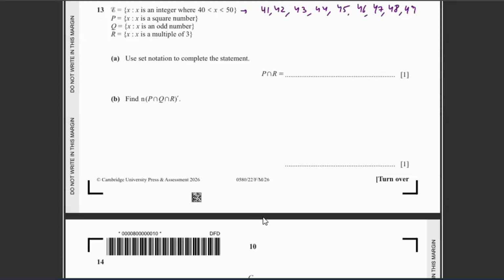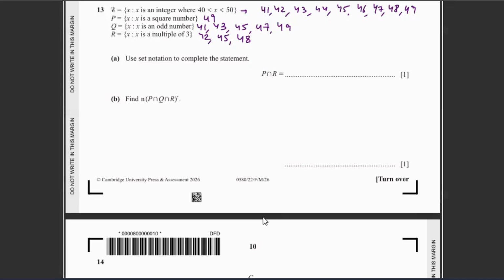We have to find p intersection r. So the square number is 49, which is the square of 7. Now q is an odd number. The odd numbers here are 41, 43, 45, 47, 49. And r is a multiple of 3. The multiples of 3 are 42, then 45, then 48.